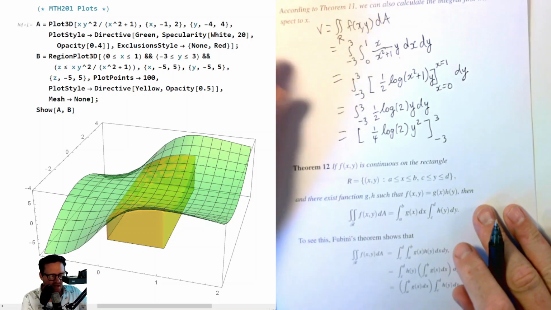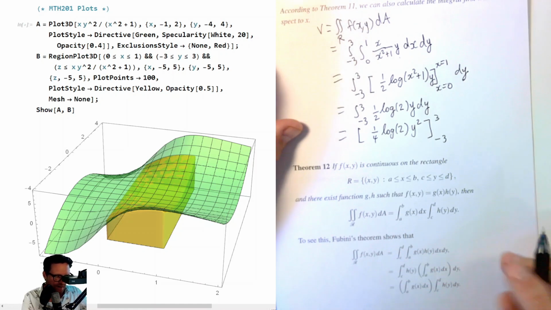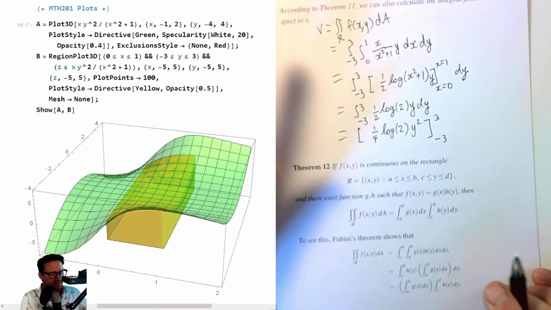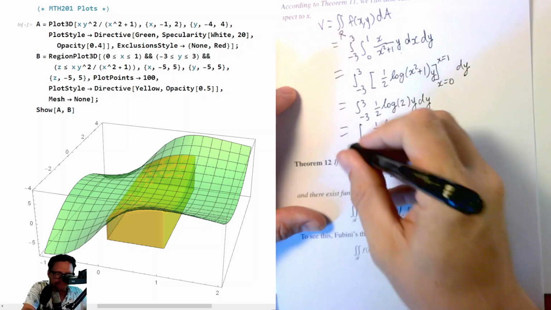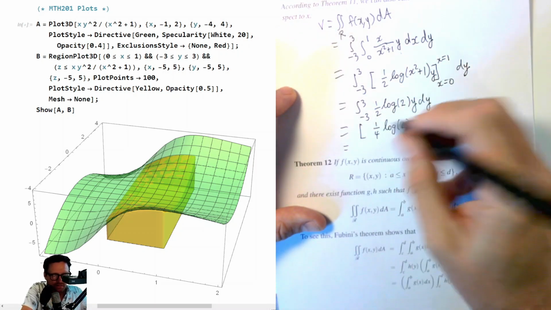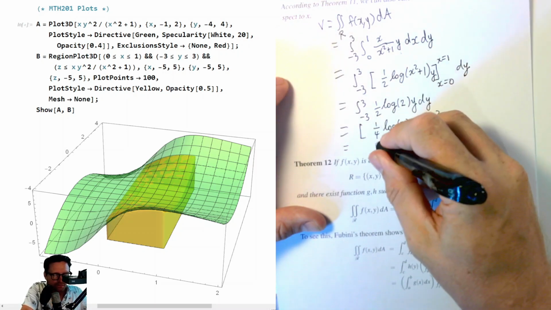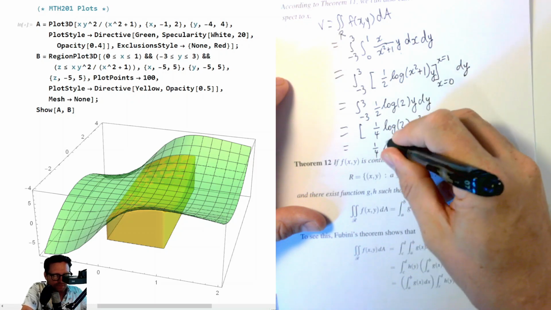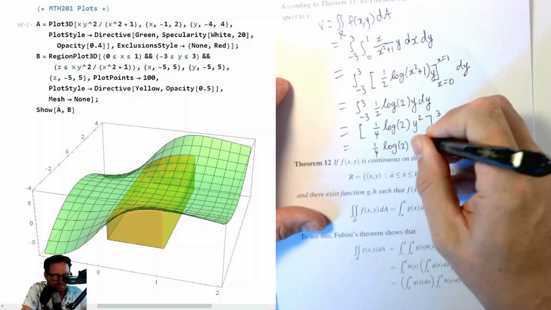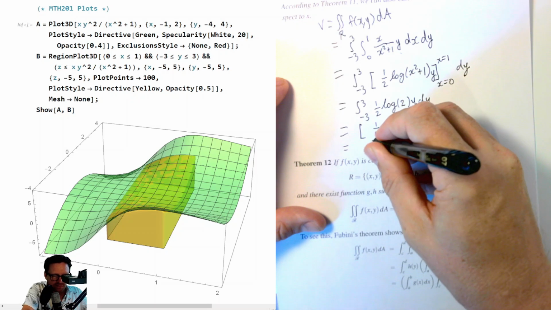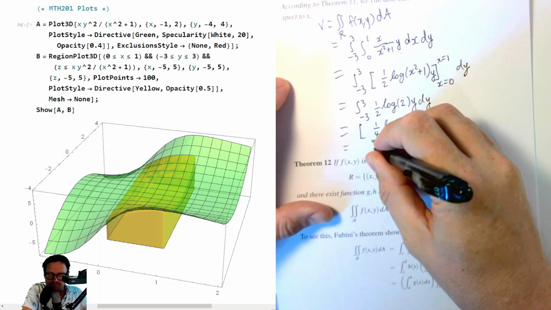Okay, 3 squared is 9, minus 3 squared is also 9, so we've got a quarter log 2 times 9, so 9 over 4.